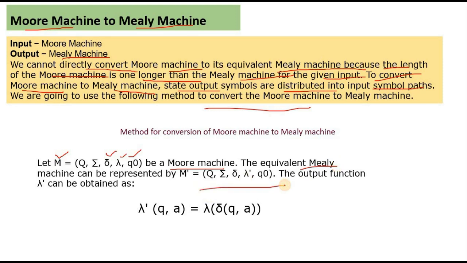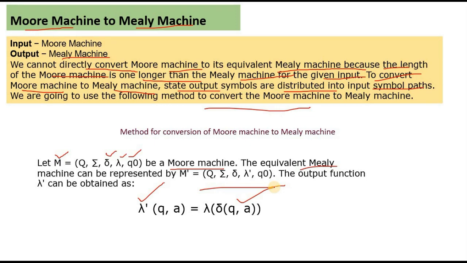The output function λ' of (Q, A) equals λ of δ of (Q, A). This is the formula, so don't be confused. We will deal with this concept through an example, then you can understand very easily.